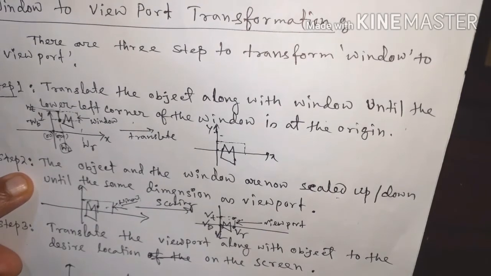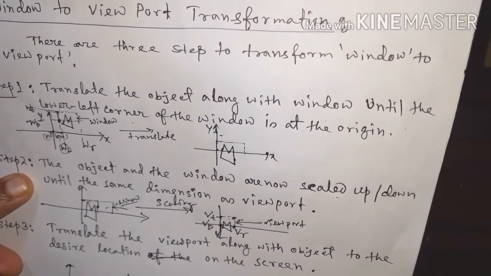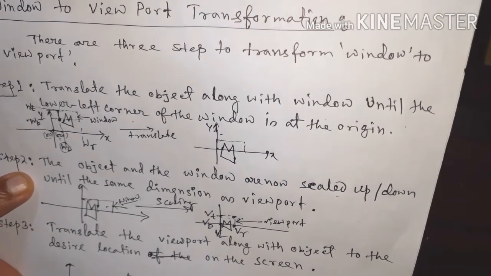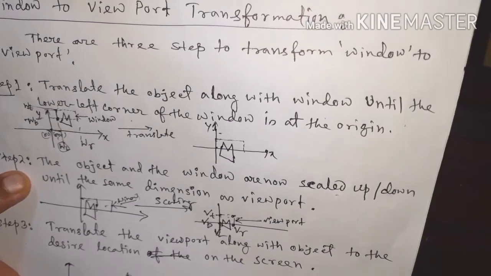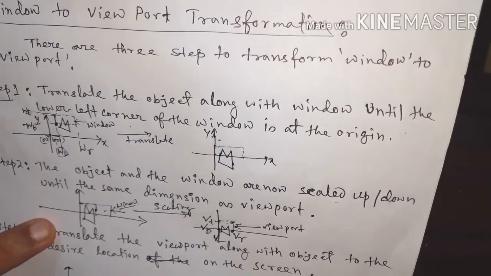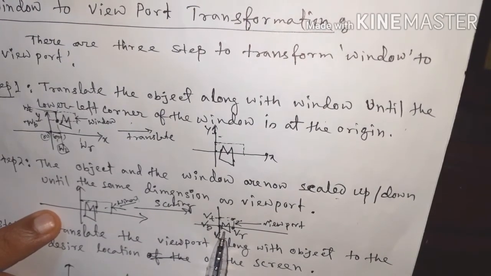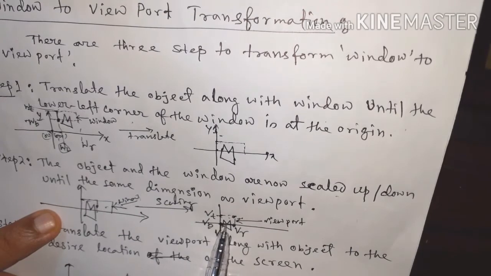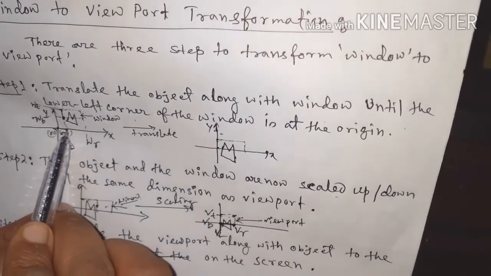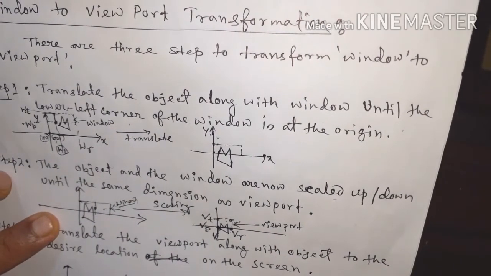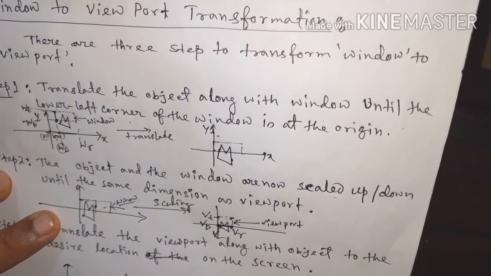So the scaling factor Sx along the x direction is the width of the viewport divided by the width of the window.